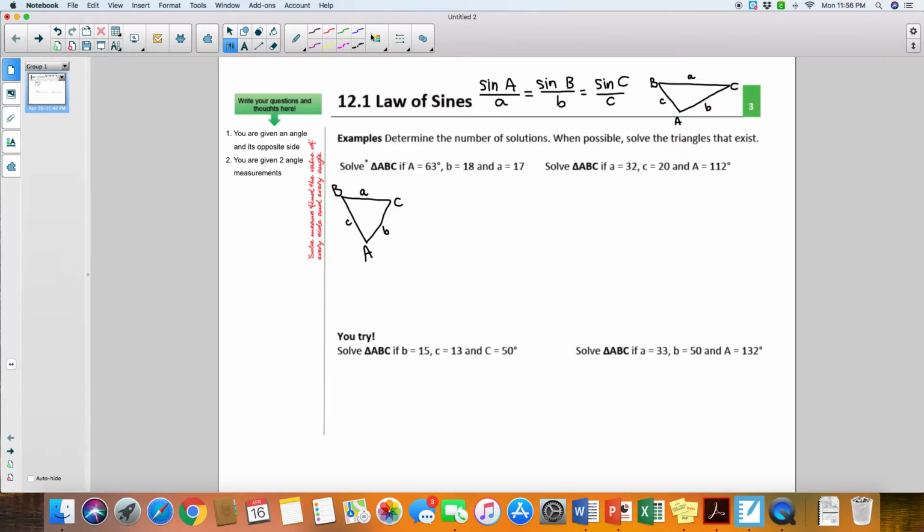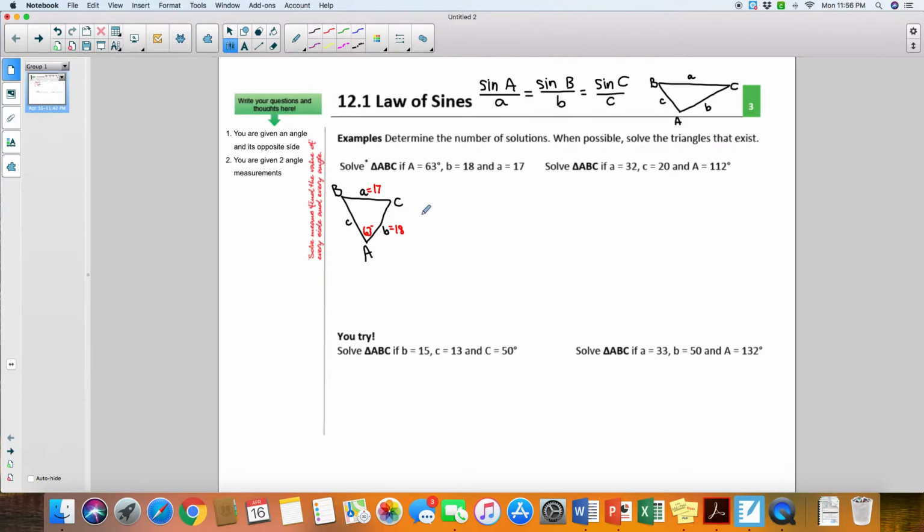I'm going to substitute my information in red. It tells me angle A is 63, so I'm going to put a 63 right here, that's a degree. It tells me little b is 18, so I'm going to put 18. And then it tells me little a is 17.